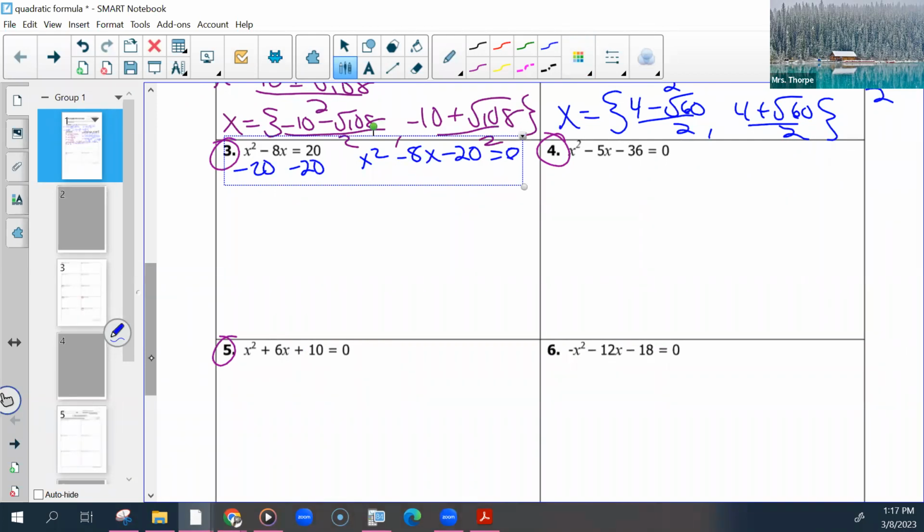Then label your A, B, and C values, and start your process. So we have negative B, but it's already negative, plus or minus the square root of -8 squared minus 4 times 1 times -20 all over 2 times A.